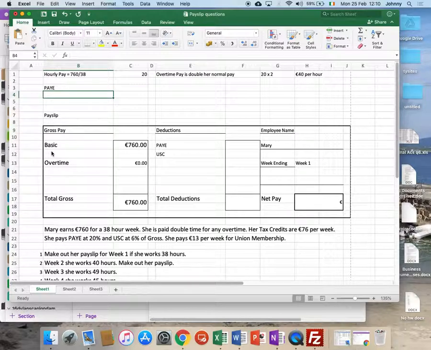Divide what by 10? Divide 760 by 10. So it's gross? Yeah, gross by 10 and then multiply by 2. Now it says here, PAYE is 20%. So it'll be gross multiplied by 20% first, okay? And then what I'll need to do is take away the discount that she gets on her tax. So I'll have to take away her tax credits.